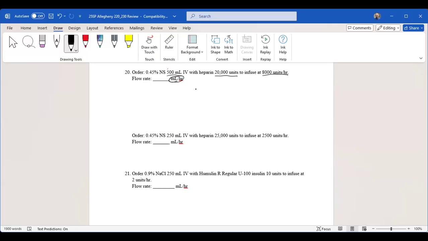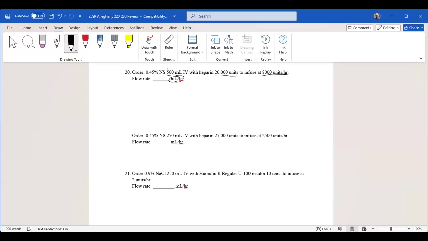So I'm going to show you what I would do. You can set this up any number of ways. I always start with the flow rate. That's just my personal preference. If you don't like that and you're choosing another way, great, do that. If you're getting the right answer, that's really all it comes down to.